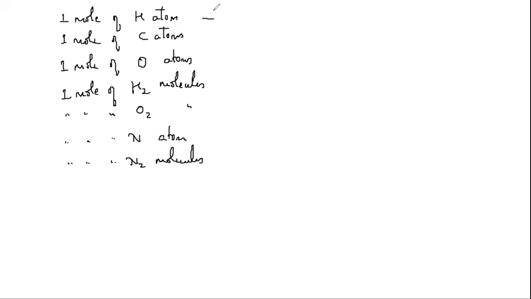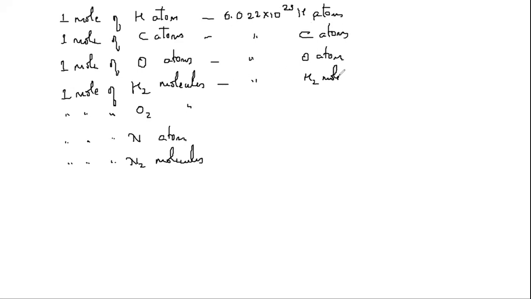So 1 mole of hydrogen atoms is 6.022 into 10 raised to 23 hydrogen atoms, correct? Carbon atoms, same number. Oxygen, same number of oxygen atoms. Hydrogen molecules, same number. Oxygen molecules, same number of O2 molecules. Nitrogen atoms, same number. Nitrogen molecules, same number.